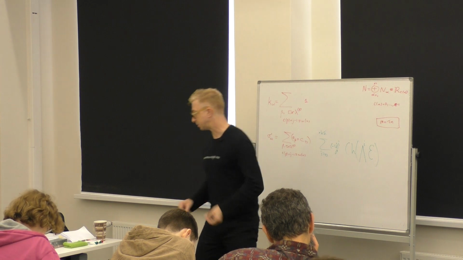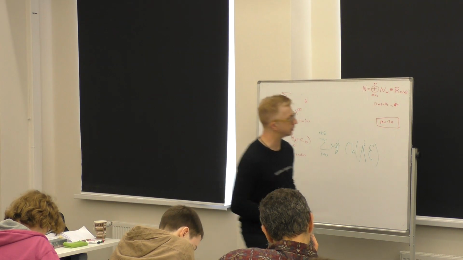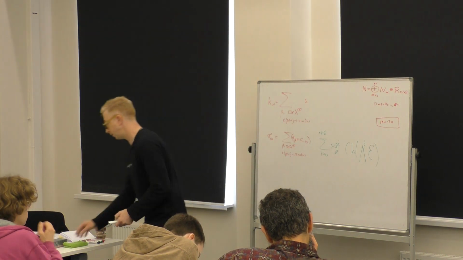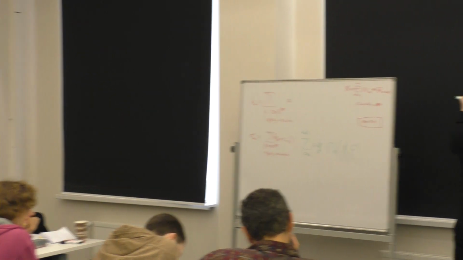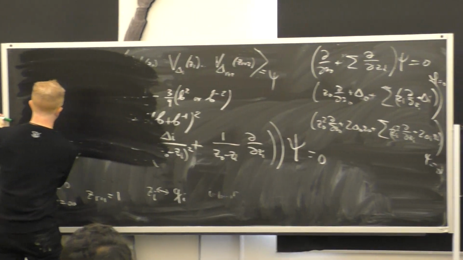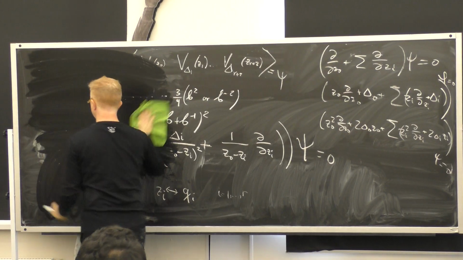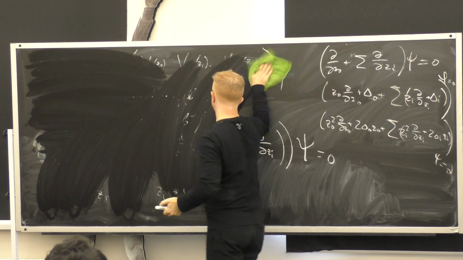So you see, what Andre is asking is that if we do add higher times to the problem, which would make this partition function look more like a tau function.